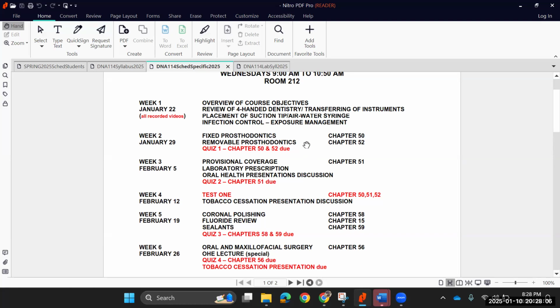Notice that we have removable prosthodontics, fixed prosthodontics. Everything is there along with the chapters. All of the PowerPoints are located in your Canvas course each week as they get published. And then you always have a quiz that is due, with the exception of week one. All the other weeks, there's a quiz that is due, I believe, at midnight or 11:59 p.m. the night before.